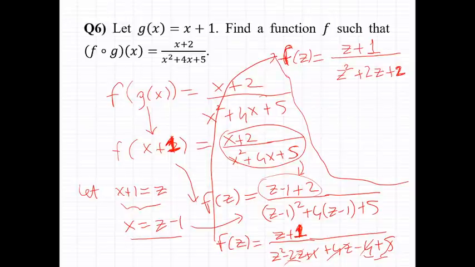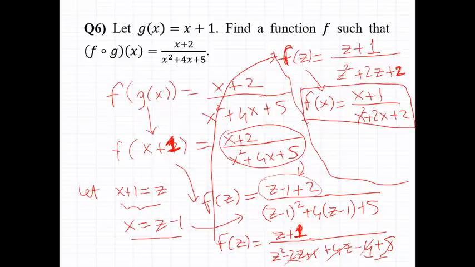So this gives the rule of f, and if you want to write it in terms of x again, you can change it with x, and the rule turns out to be f of x equal to x squared plus 2x plus 2. So this is the function we are looking for. So we found this function. This is how we can solve such a problem.